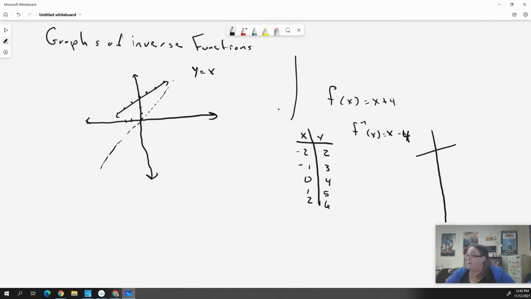So on my new graph that I've got here, I plug in these points. Let's do 1, 2. At 2, -2, I would have a point.